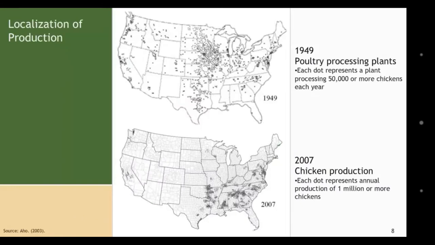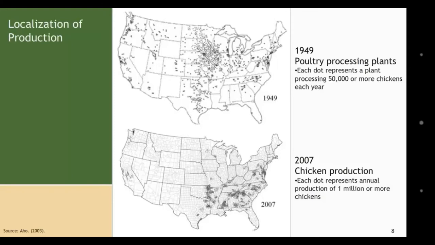In addition to the change in the size of the farm, we've had a rather dramatic shift in the distribution of farms. The top map here shows how poultry processing plants were distributed in 1949, and each of those little black dots represented a plant that processed 50,000 or more chickens each year.